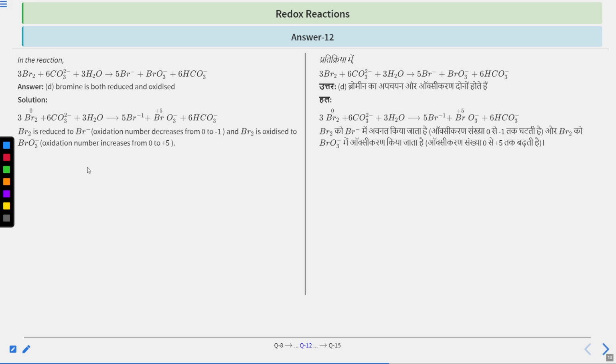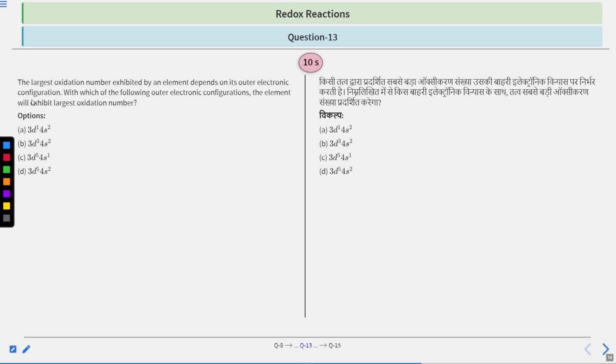Okay, let's move to the next question. Question number 13. The largest oxidation number exhibited by an element depends on its outer electronic configuration. With which of the following outer electronic configurations will the element exhibit the largest oxidation number? We have been given some electronic configurations in the options, and we have to tell which of these electronic configurations corresponds to the element with the largest oxidation number.